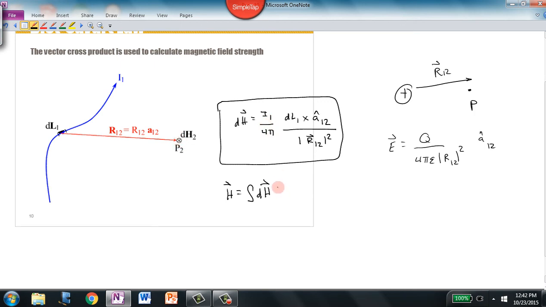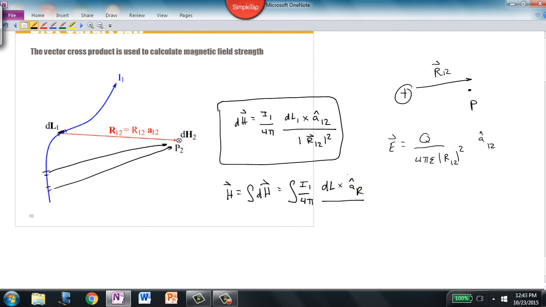And so that is equal to the integral of I1 over 4 pi dL. I'm not going to write 1 here because there are all these little dLs now. There's an infinite number of dLs. Also, I'm not pointing from 1 to 2. I'm just pointing from this dL element to there, from this dL element to there. So this vector is going to change with the integration. So we're just going to call that a hat r, indicating that it's the vector pointing from the differential length element to the point in space that we're making the measurement.